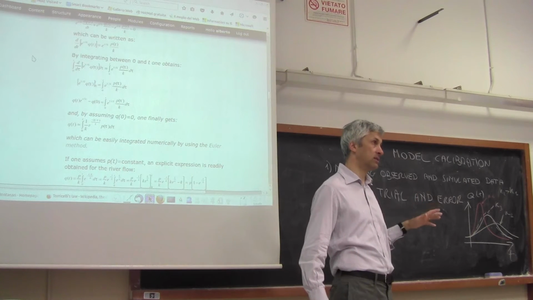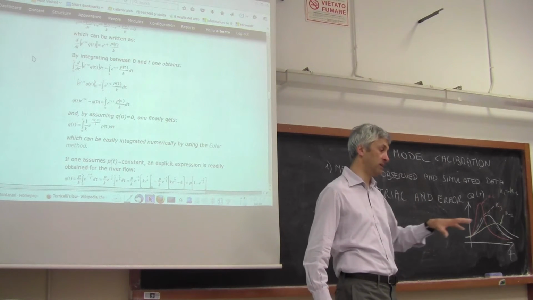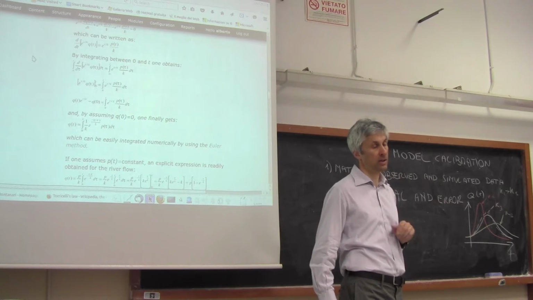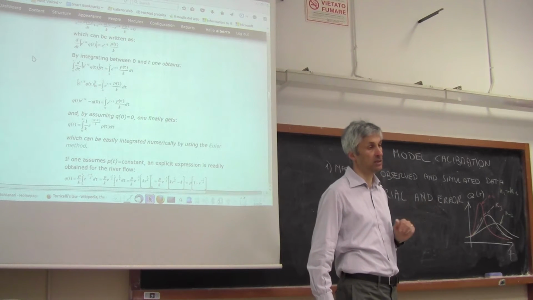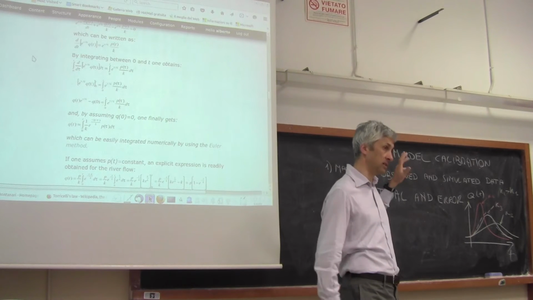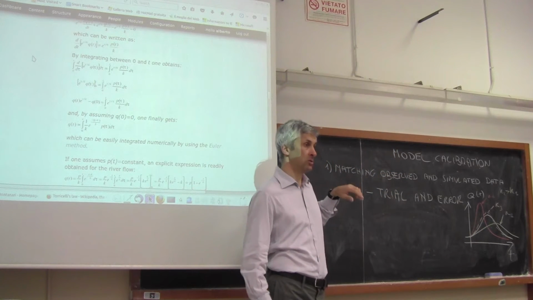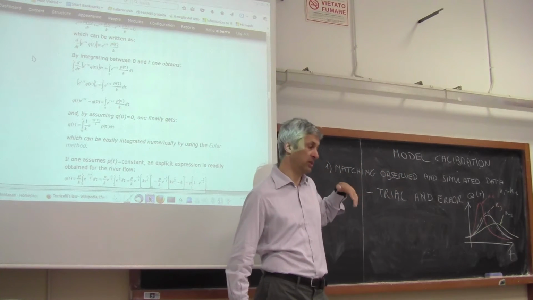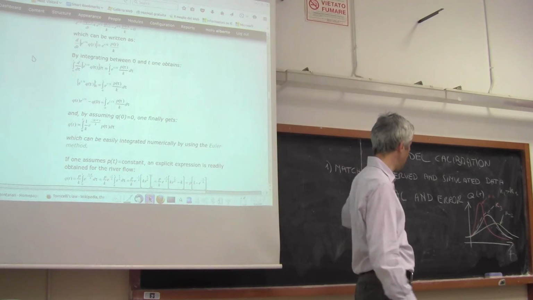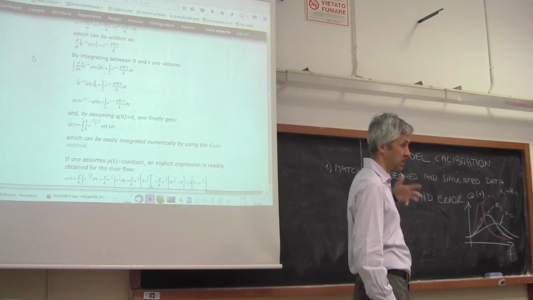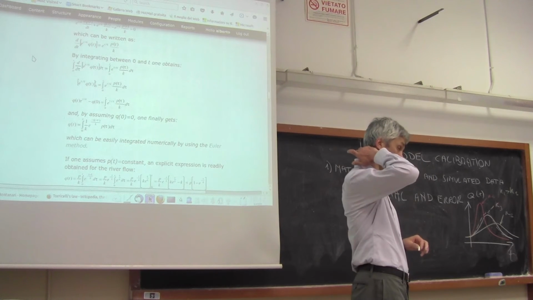So people started, at the beginning of the 90s with the availability of PCs, to think about automatizing this procedure, devising algorithms making the trials for us, which is very useful indeed.